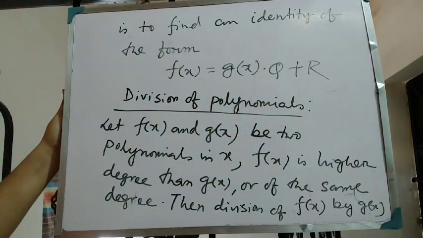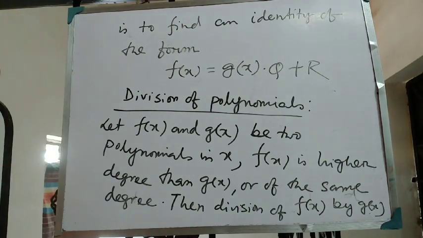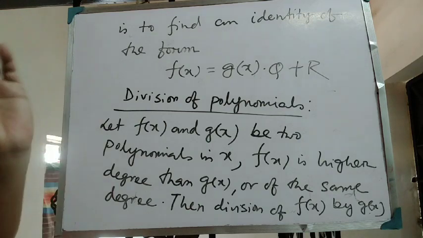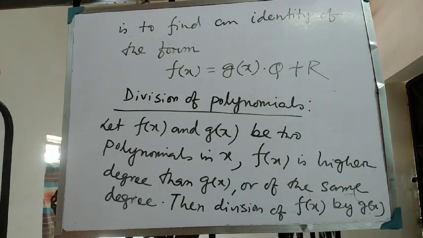What I have written is nothing but dividend is equal to divisor into quotient plus remainder, the very common known identity which you have learned in class 5 or so.